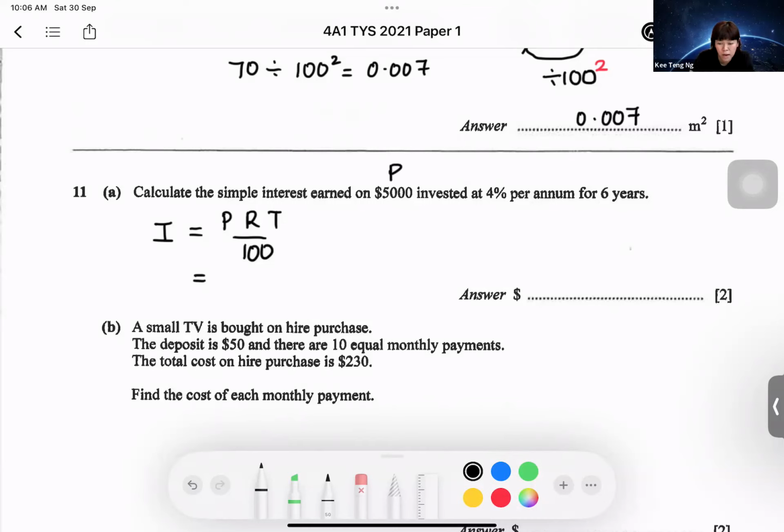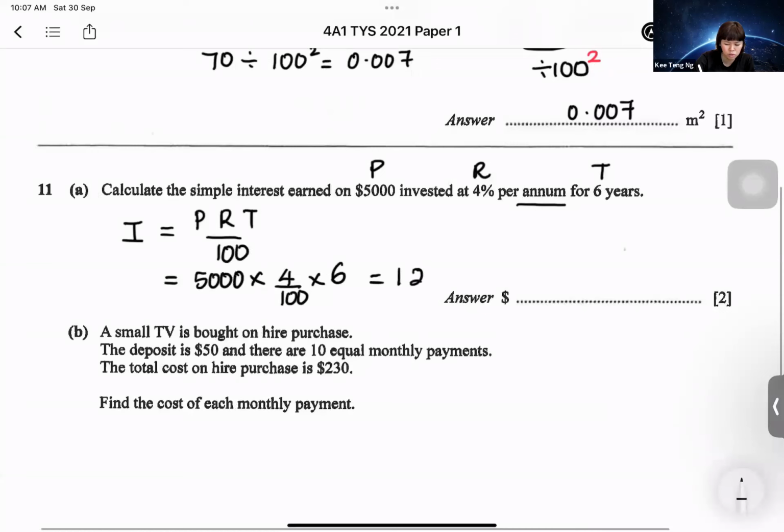And R is the interest rate, for percent. Per annum means per year. And the time period will be 6 years. So in this case it will be 5,000 times the interest rate 4% over 100 times T, 6 years, and I get my answer to be 1,200.